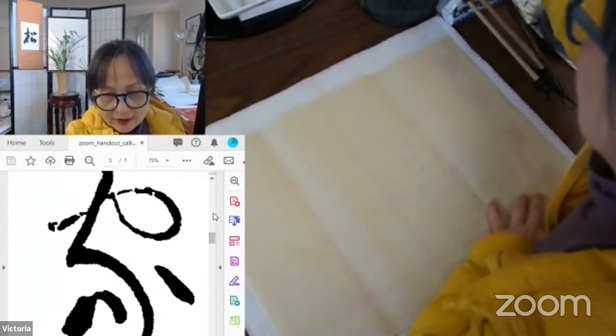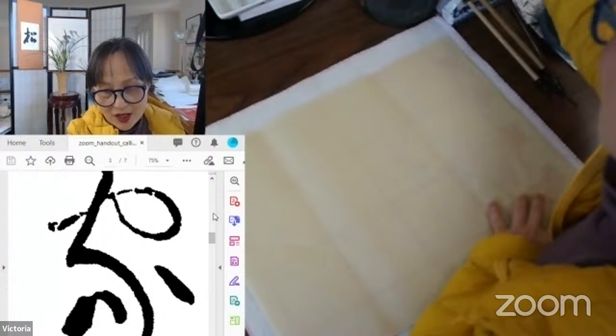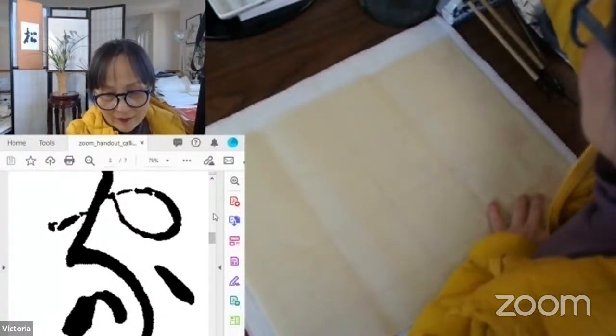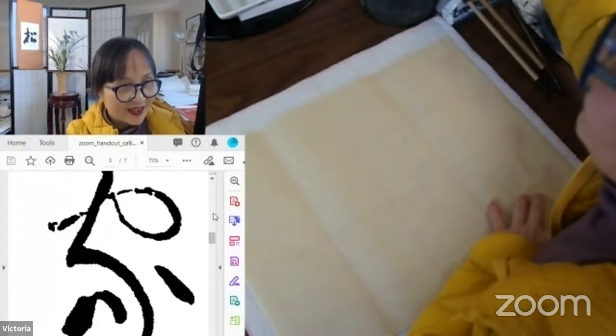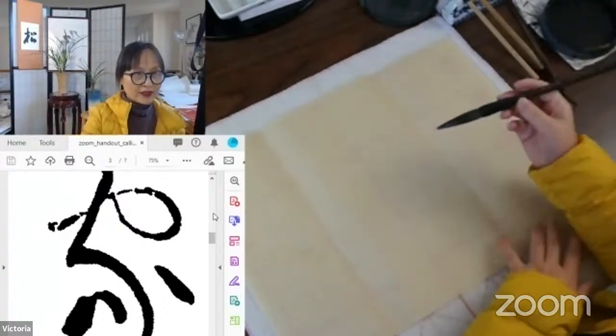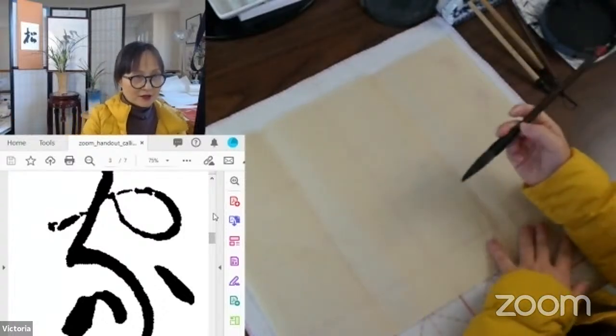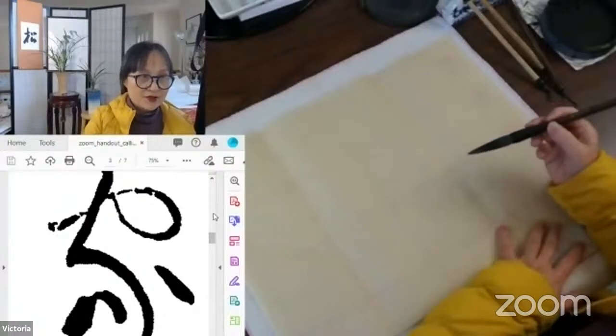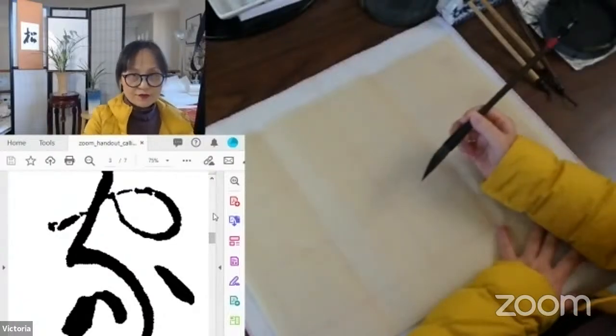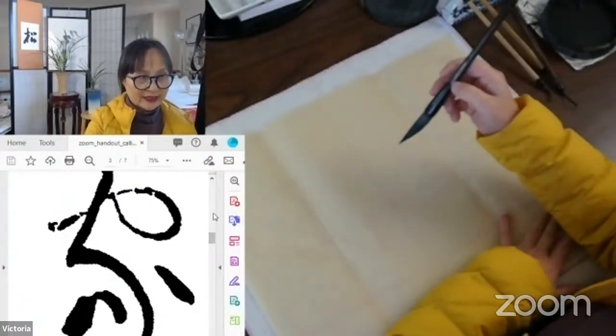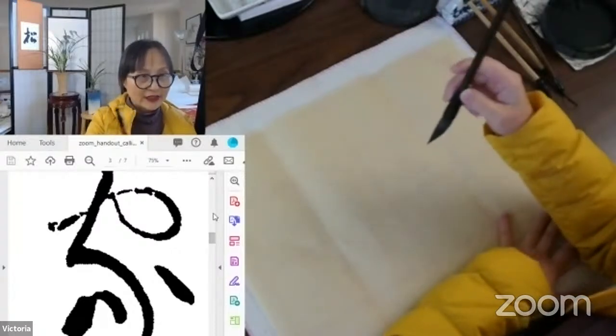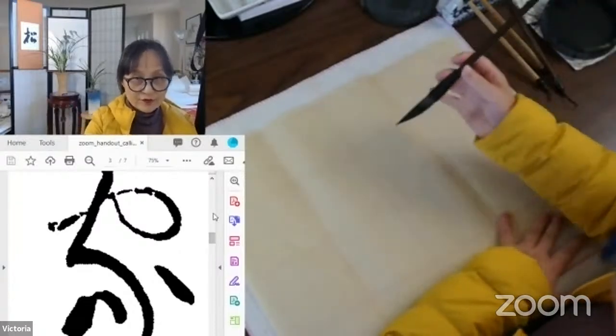Nowadays on slogans or labels, on advertising or on some logos, you will see lots of this official script. On the hard surface, think of knife carving on the surface.